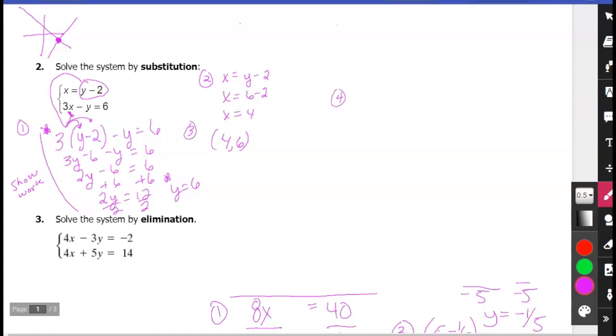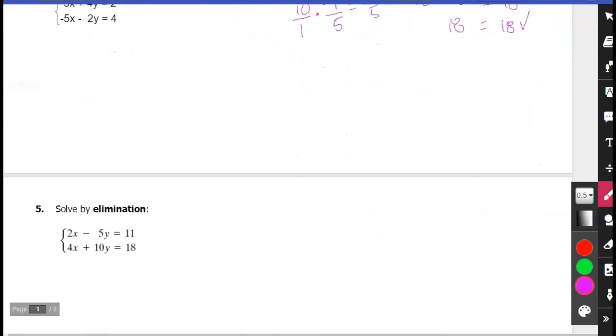And then last, I'll check it in the other equation. I have 3 times x minus y equals 6. 3 times 4 minus 6. So it's 12 minus 6. And it checks. All those are the 4 steps that we want you to show every time.